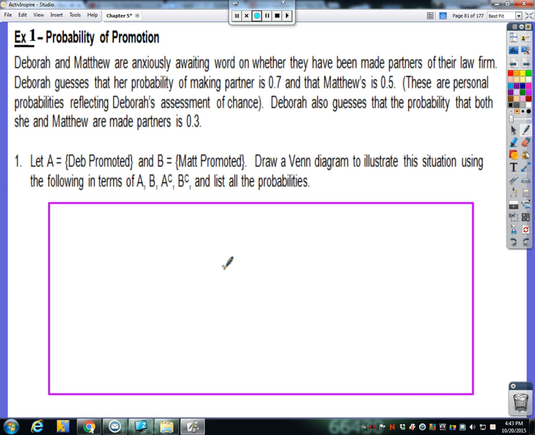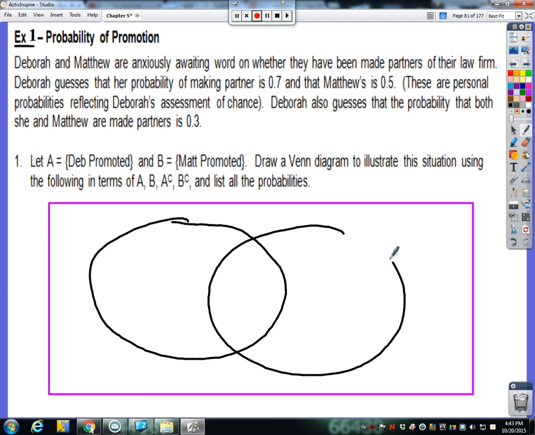And again, we just said these events were not disjoint, so we may overlap these events here. Let's call this Deb's bubble, and this is Matt's bubble. And the overlap here is where Deb and Matt are both made partners.